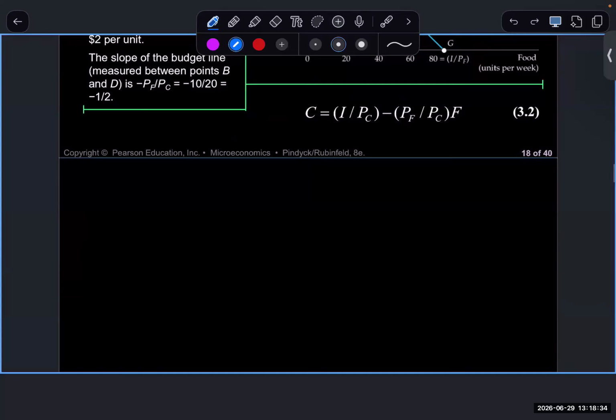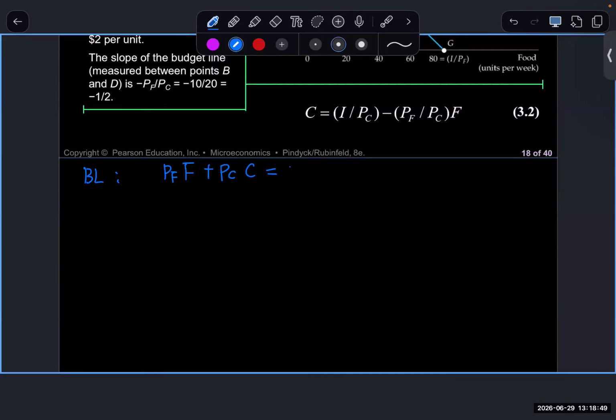We know that the budget line in the general form looks like this, right? This is the general form, price of food times food plus price of clothing times clothing equals the income that you have. So now our goal is to derive 3.2.